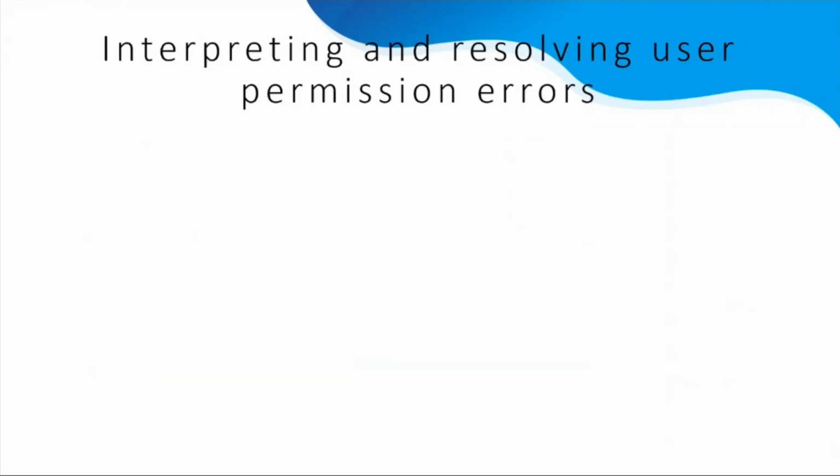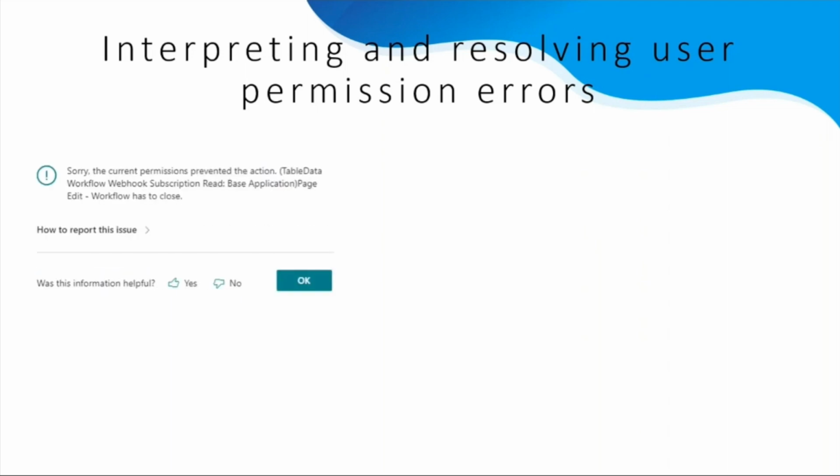Cool. The next step on the agenda is interpreting and resolving user permission errors. So this is typical where a user will send an email to the internal help desk or report it to yourselves as super users, where there might be an access or permission error that pops up.